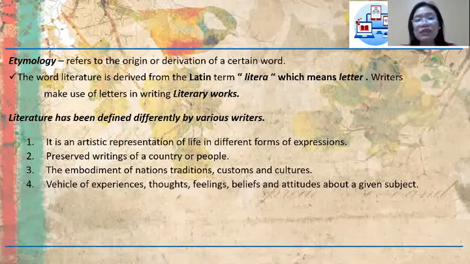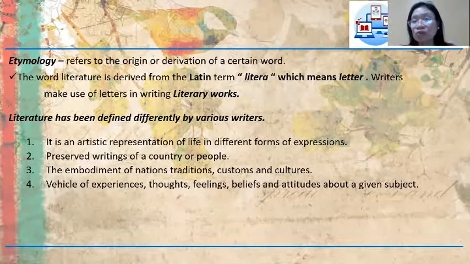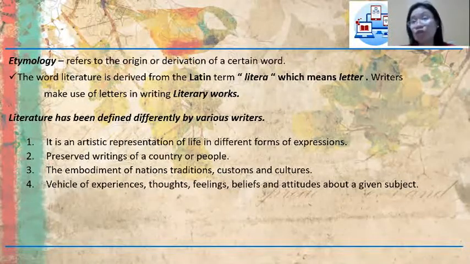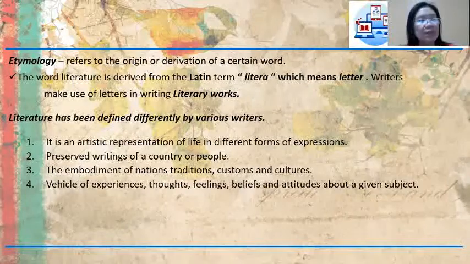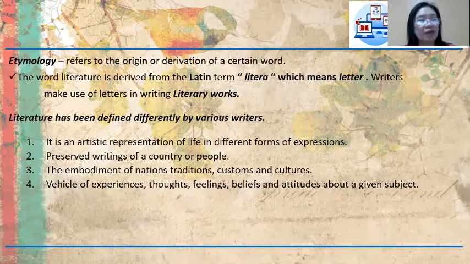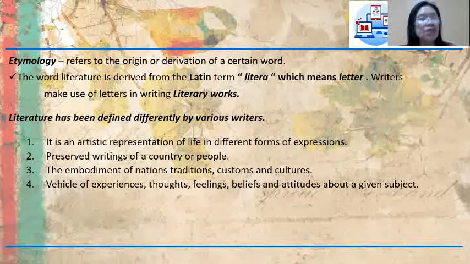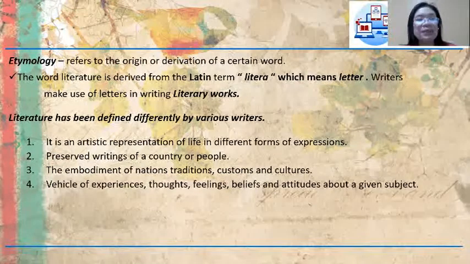And it is also defined as preserved writings of a country or people. What do you mean by preserved? It is preserved writings because these writings or literary works are handed down from one generation to another, and it has been maintained.